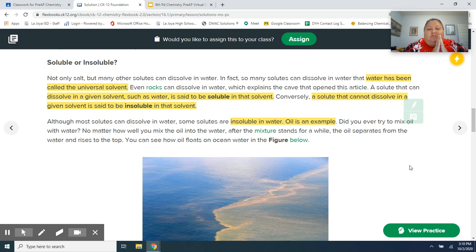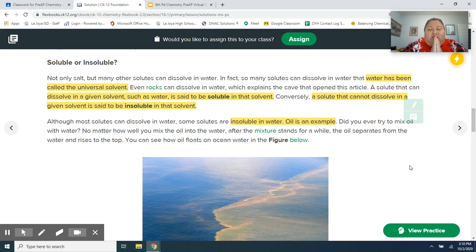Now, some laundry detergents, 10, 20 years ago, contained insoluble compounds that created problems for our water system. I don't know if you've ever heard of a commercial where it says this laundry detergent is sulfate and paraben free.